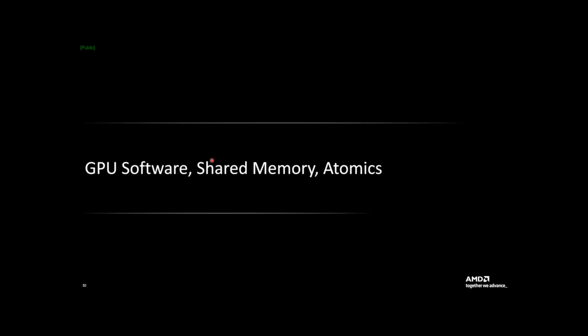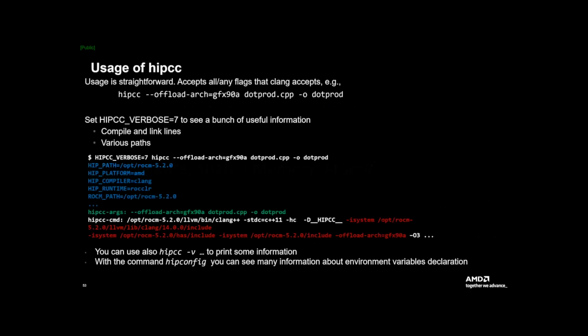Now, GPU software and shared memory. Here, hipfort is a wrapper script that basically uses LLVM and flags to compile this CPP file. And here I define the offload architecture.